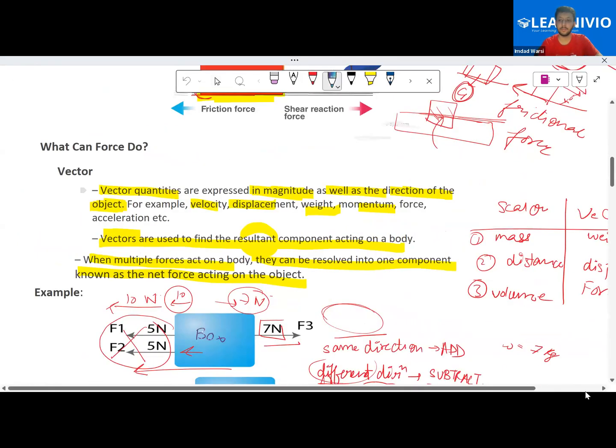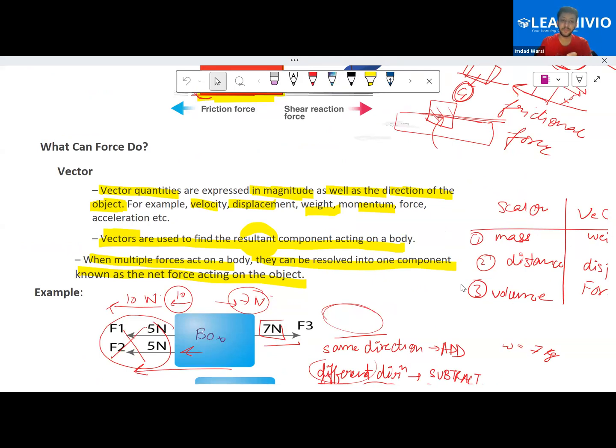Contact forces: muscular force and frictional force. One more example. Gravitational force. Wow, Rohan. Gravitational force is a contact force? No, I don't think so.